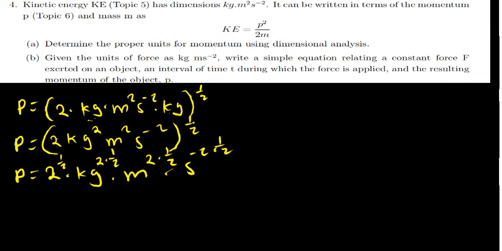Okay. And then p is going to be equal to, this is the same as what? 2 to the power 1 over 2, or 2 to the power half. So what is root of 2?